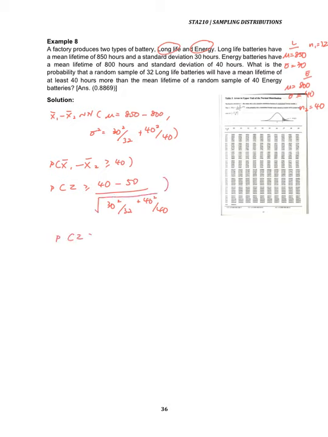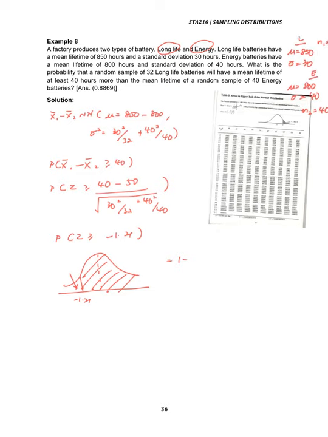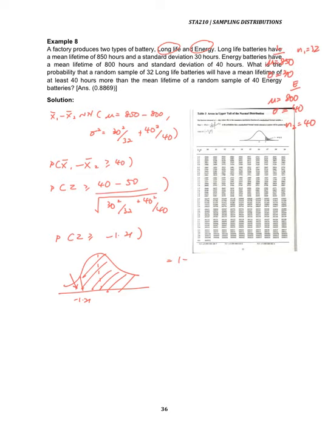So we will get z greater or equal to negative 1.21. Negative is here, but it's not greater, so this one: 1 minus the value for 1.21, which is 0.1131. So the final answer is 0.8896.